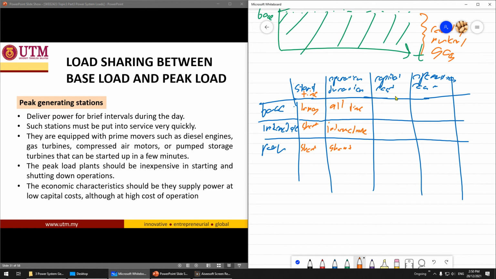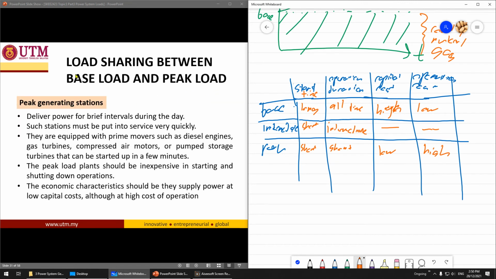Capital cost is quite high, so this one depends, but usually high also. This one capital cost should be low, and operating cost should be low. This one usually depends, but usually low also. This one also depends. This one is high. So make sure you know the difference between the generation stations.